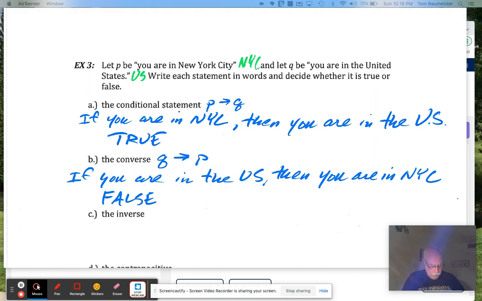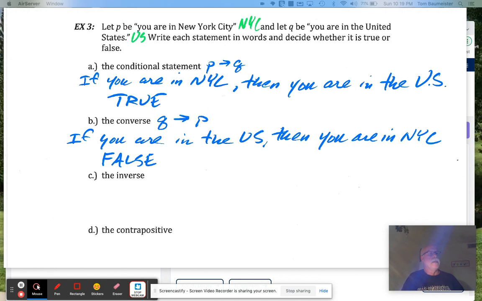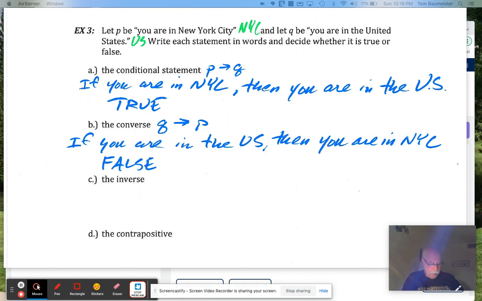All right. So the inverse is again, we take our conditional statement and we're just going to put not in front of it.